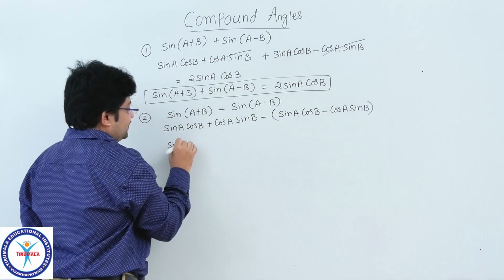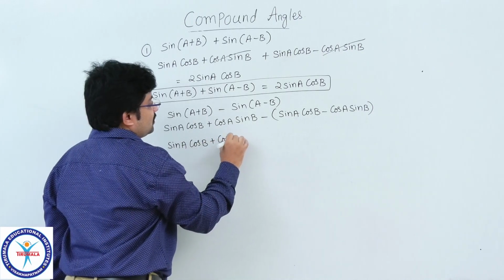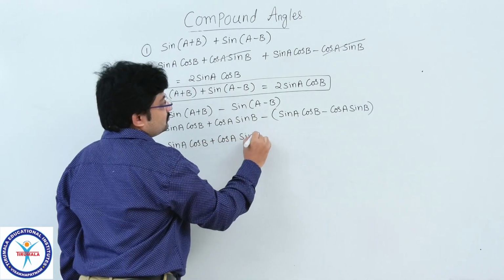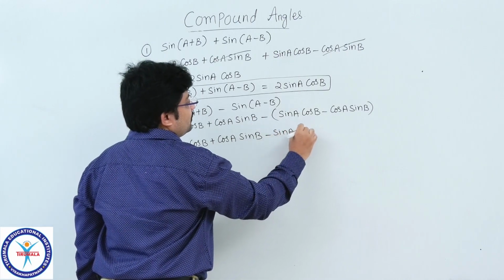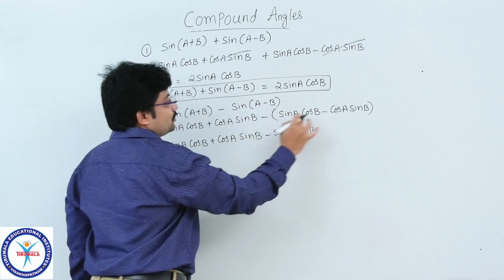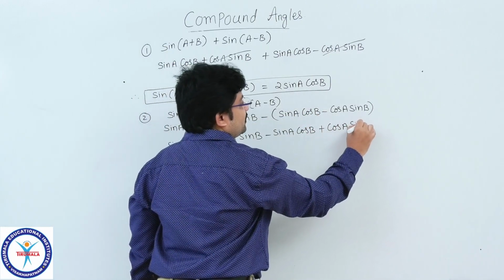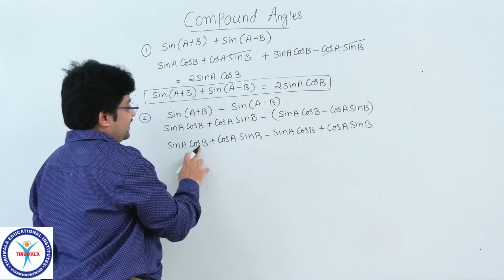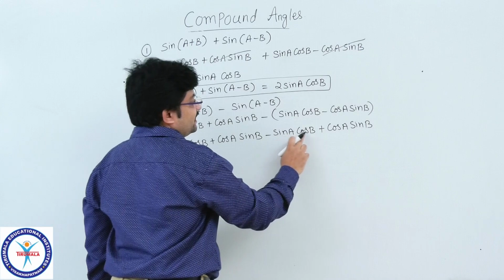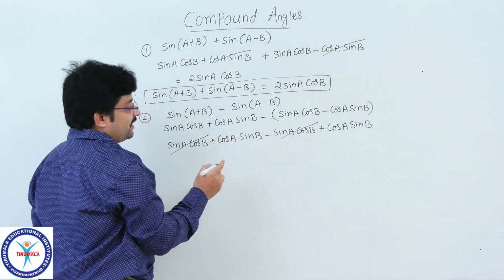Therefore, sin a cos b plus cos a sin b minus sin a cos b, minus into minus plus cos a sin b. Here plus sin a cos b minus sin a cos b get cancelled, and what is remaining?